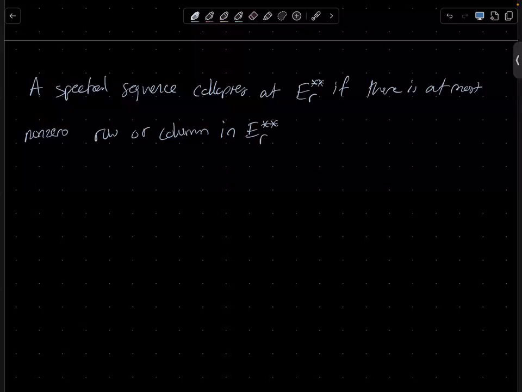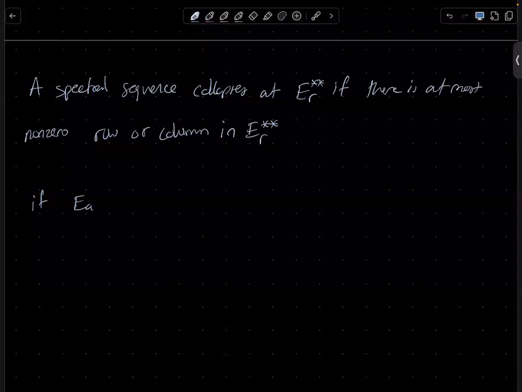So what is the upshot when a spectral sequence collapses? If the spectral sequence also happens to converge to H^N, so if we also have that E^r_{p,q} converges to H^N, P plus Q or N, maybe I will mess that up, but it's the same, don't worry about it.